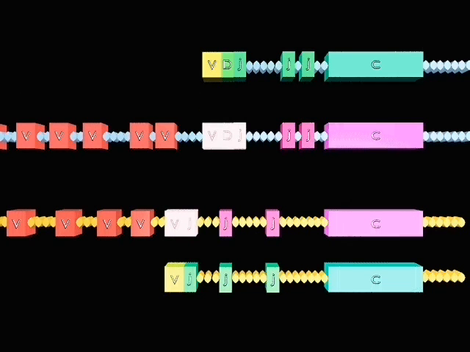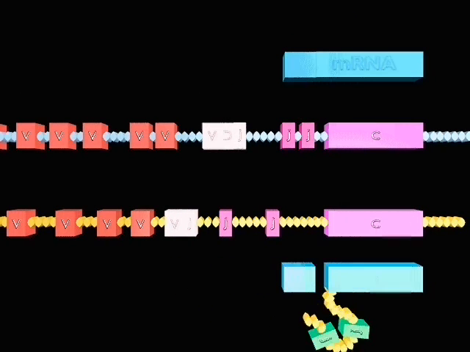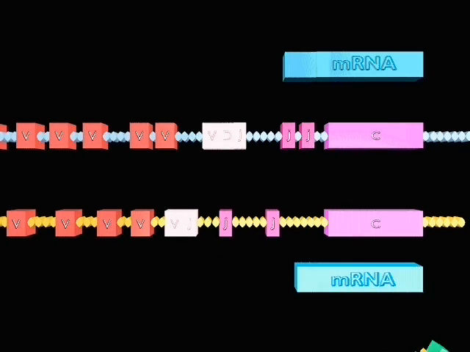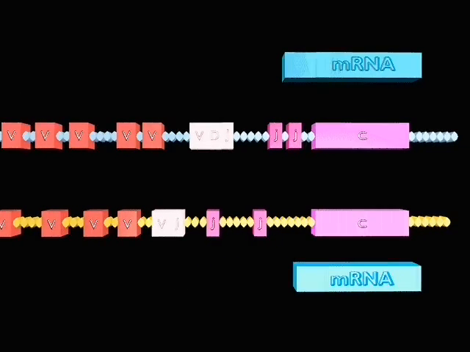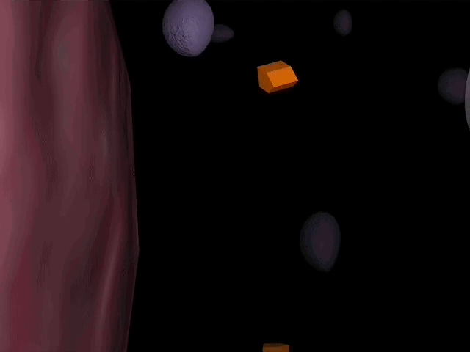In a second stage, the RNA transcript is processed to make messenger RNA by removal of the introns. The messenger RNA migrates out of the nucleus into the cytoplasm.